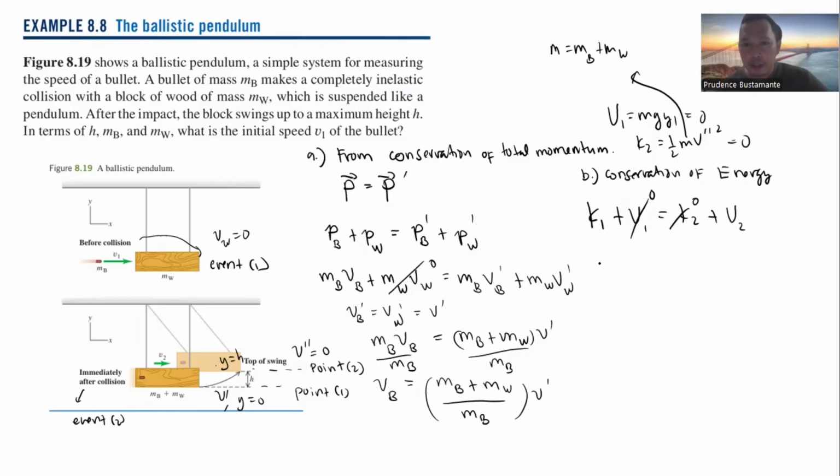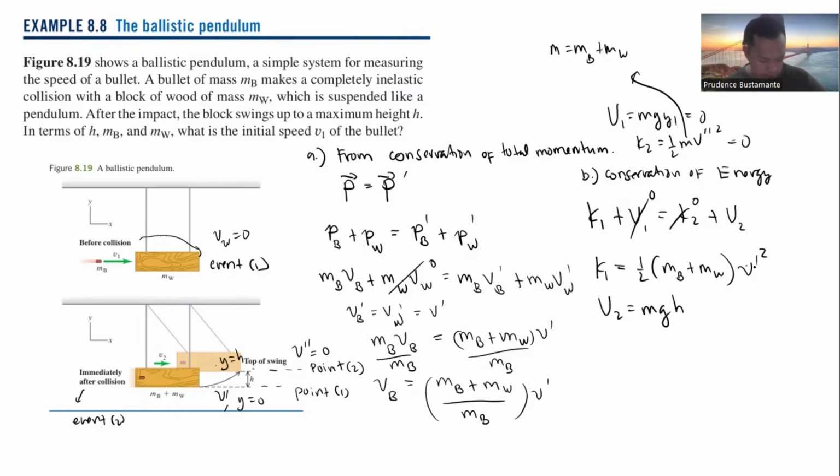Okay, so K1 at this point is equal to 1 half times the mass of the bullet plus the mass of the wood times v prime squared. And the gravitational potential energy at point 2 is equal to mg times the height h.